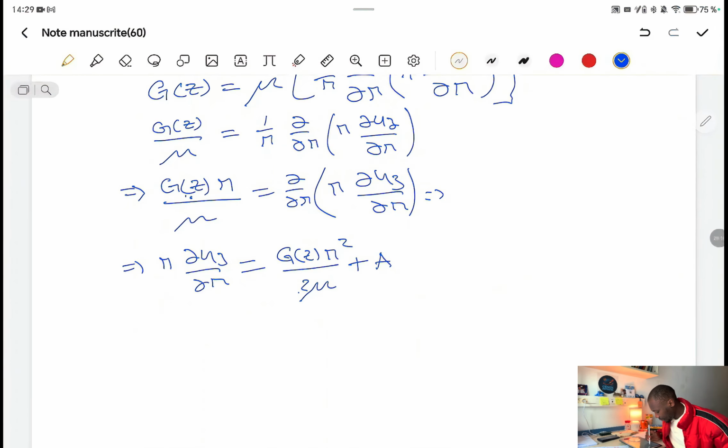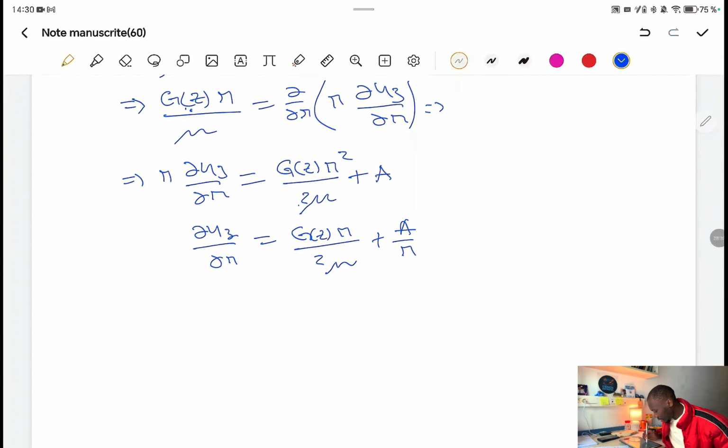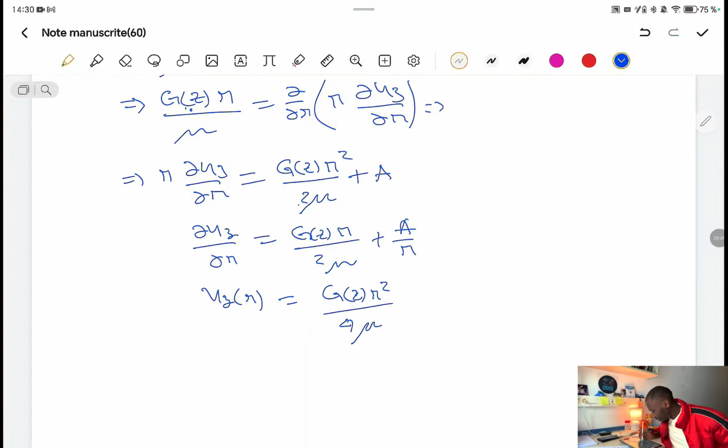Then duz/dr is gz r over 2 mu plus a over r. If I integrate both sides again, I'll have uz of r equal to gz r square over 4 mu plus a ln of r plus b.